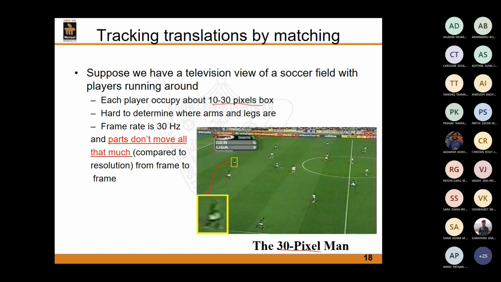Let's leave that. So what we assume is that the frame rate is 30 hertz. If the frame rate is 30 hertz, that means you'll have 30 frames per second, or 30 images per second, right? Now, in such a case, it is difficult to identify.